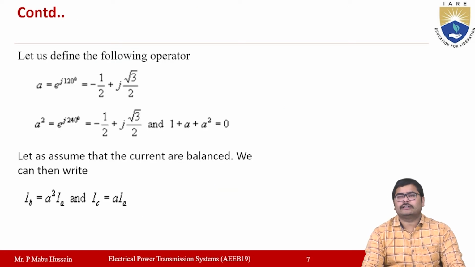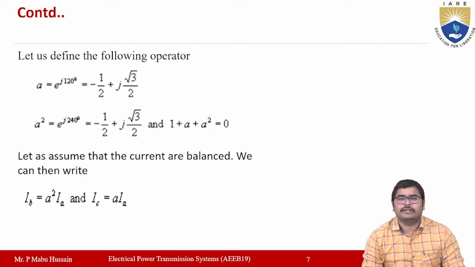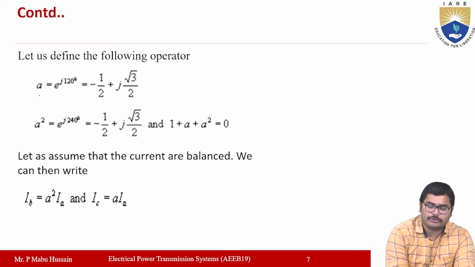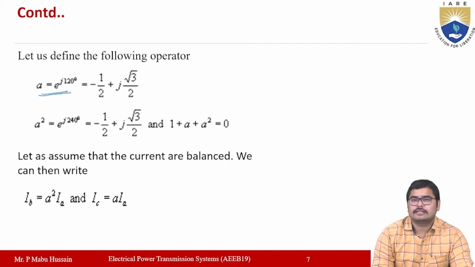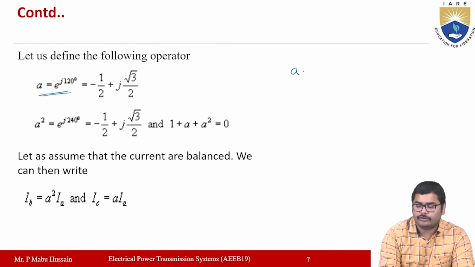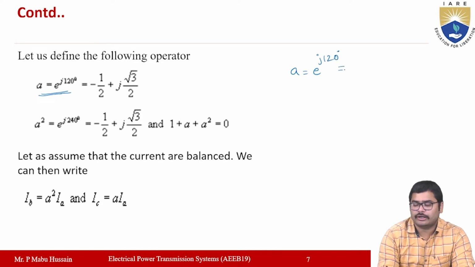Right, here we are going to define an operator A. The value of operator A is equal to e power j 120 degrees, or you can even write it as 1 at an angle 120 degrees.